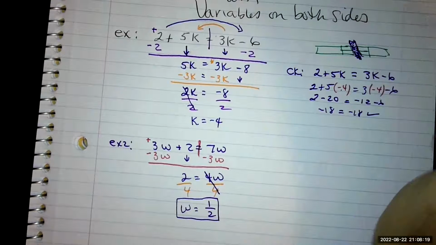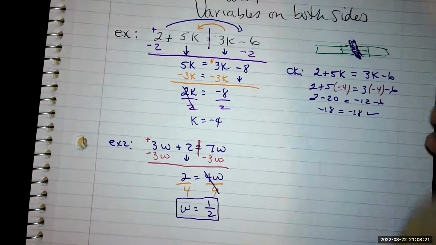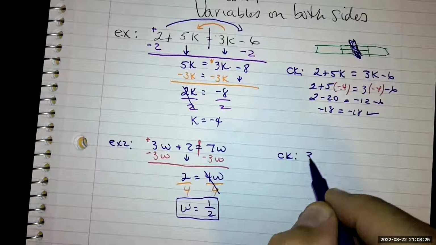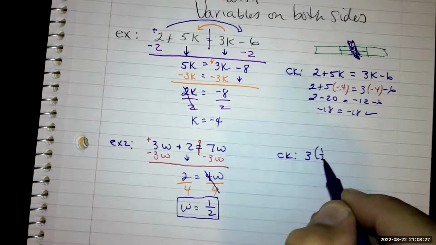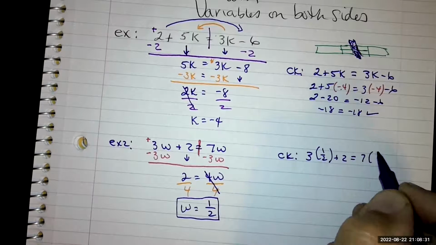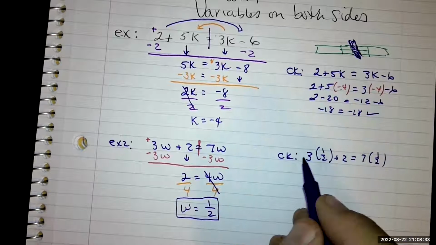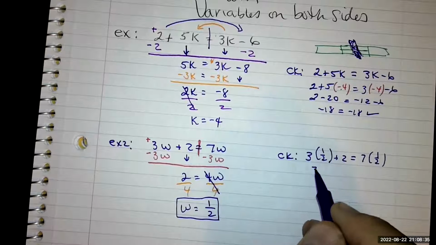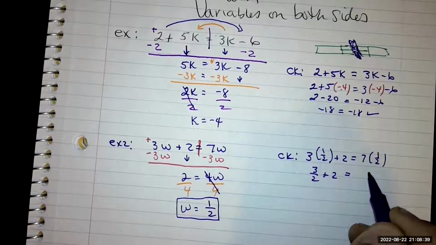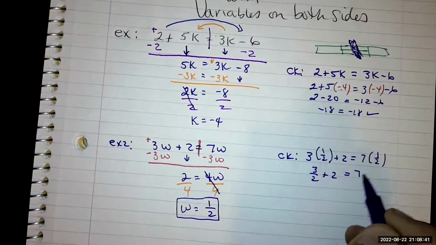Again, I can put it right back in the equation. So I'm just doing this one more time so you can see it. So wherever there's a W, I'm going to put 1/2. All right, so this is going to be 3/2 plus 2. This right here is going to be 7/2.